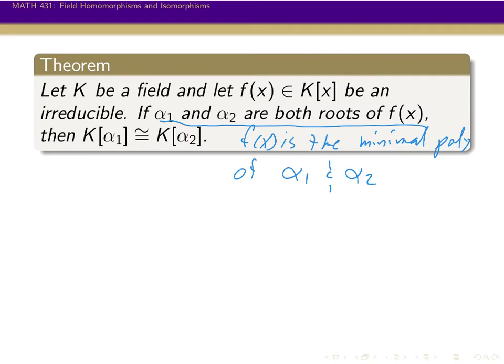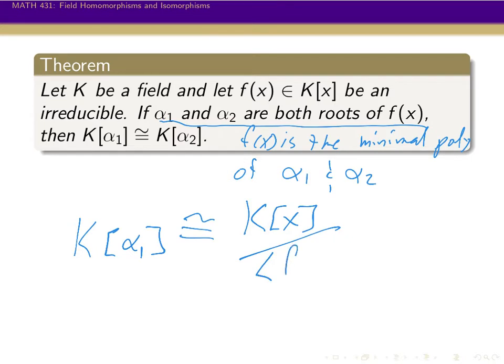The proof of this is very straightforward, and it uses what we've learned about simple extensions before. K adjoin alpha 1 is isomorphic to the polynomial ring quotiented by the ideal generated by f of x. But this is also isomorphic to K adjoin alpha 2 because they have the same minimal polynomial.